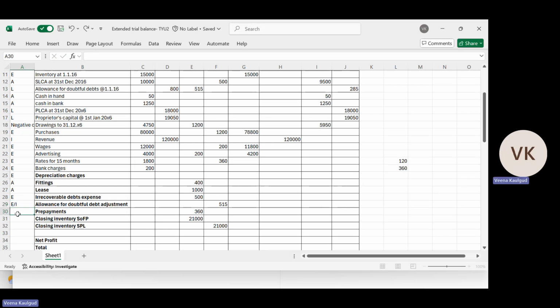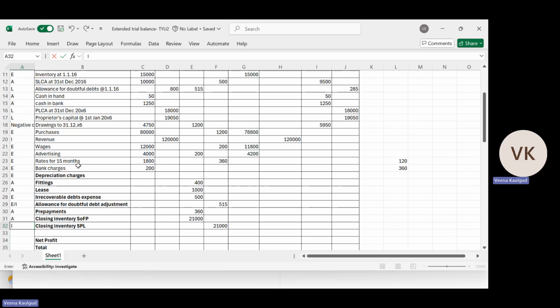Then prepayments are assets. Closing inventory on the SOFP is an asset, and on the SPL it is an income. All right, so this is how we are going to record now, so that it makes your life much easier. So when you're practicing, it is better you do something like this, guys.